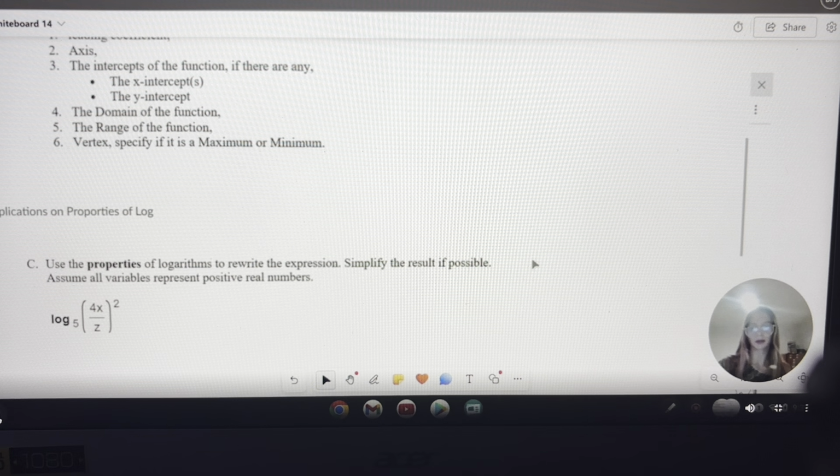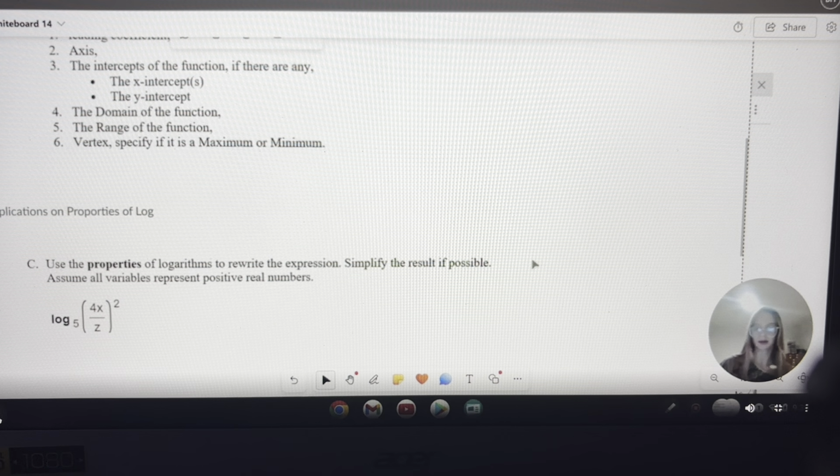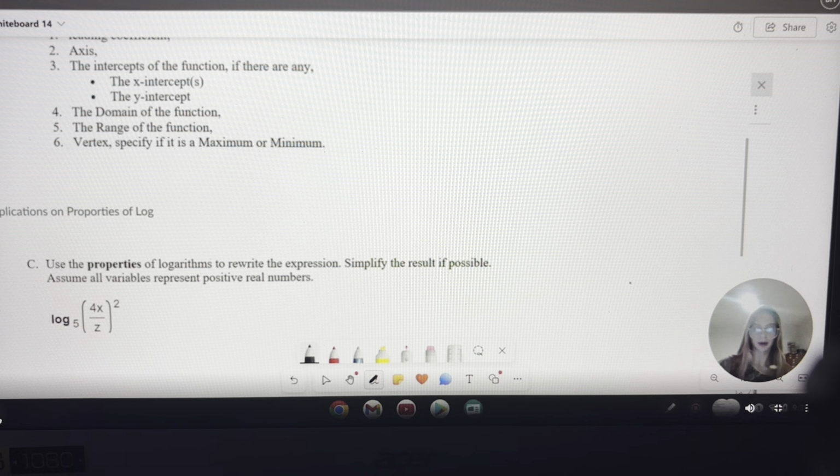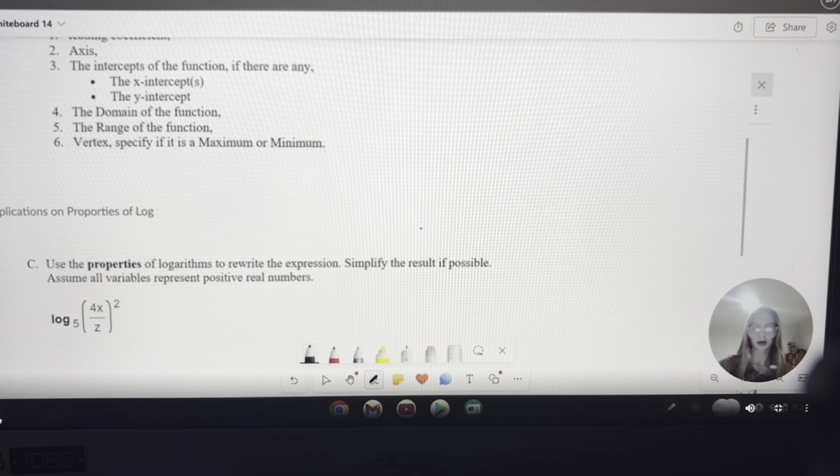Alright, use the properties of the logarithms to write the expression, simplify if possible. Assume all variables represent real positive numbers. So first we want to put it to the power of logarithm, which would be log. I'm not going to write out the whole equation.